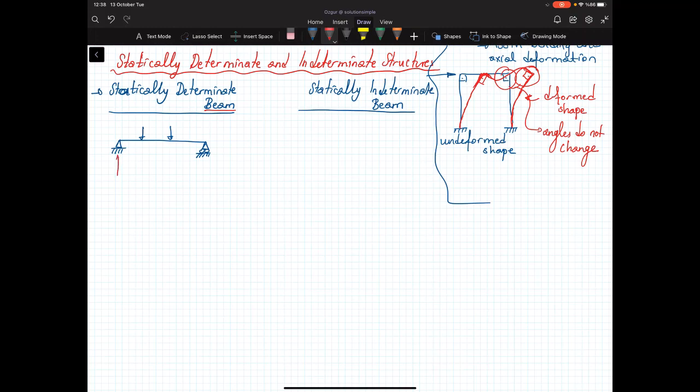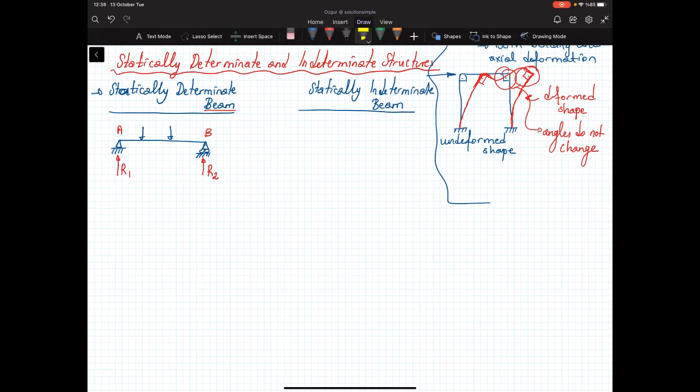So the unknown support reactions for me are this one, R1, and here, R2. I don't really worry about the horizontal component of the support reaction at point A, because I'm not interested in the axial deformations or the axial forces on this member.